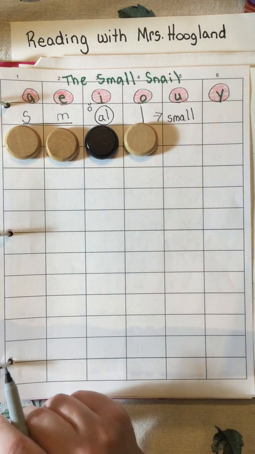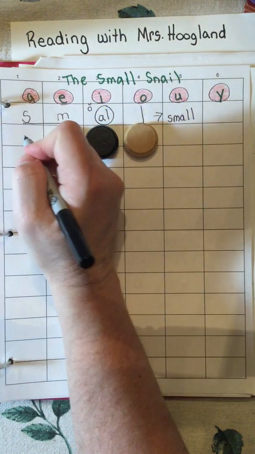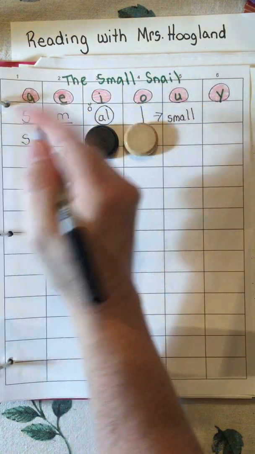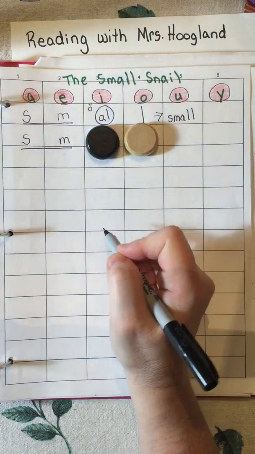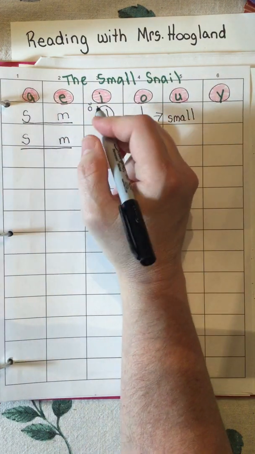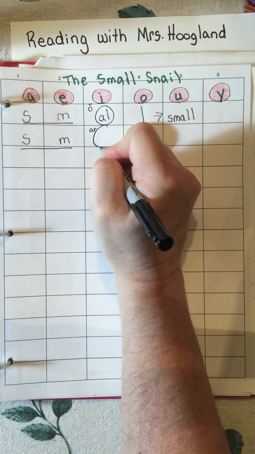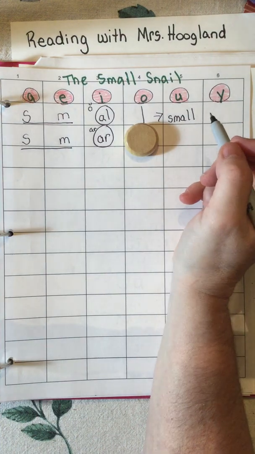Ready? Here we go. What's the first sound in smart? S. What's the next sound in smart? So now we have the blend sm, and then we hear R. And there's only one sound that says R, and it's the AR combination.